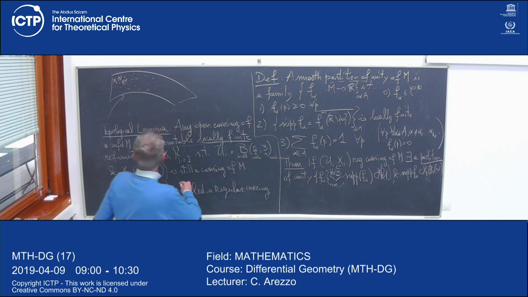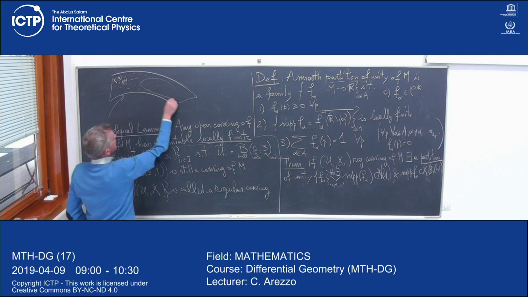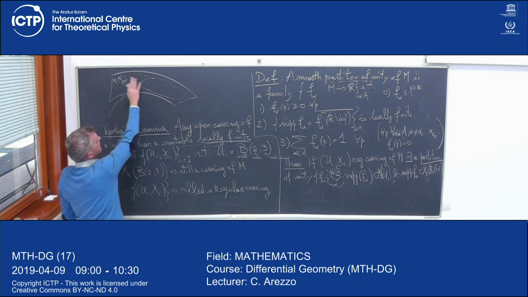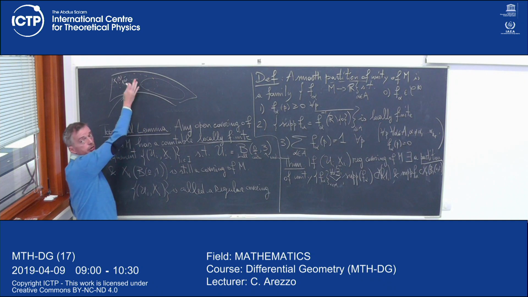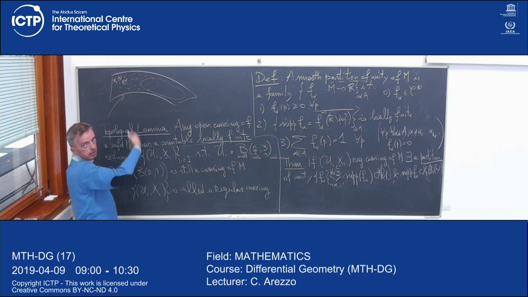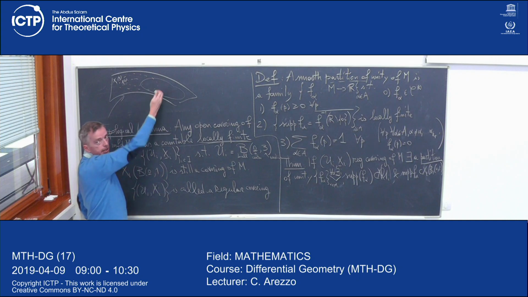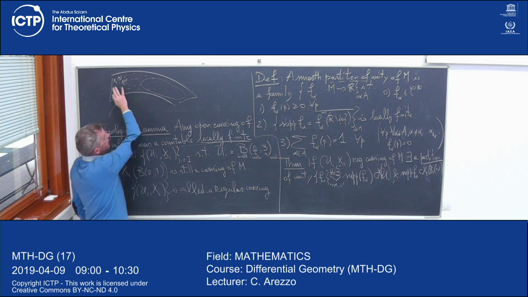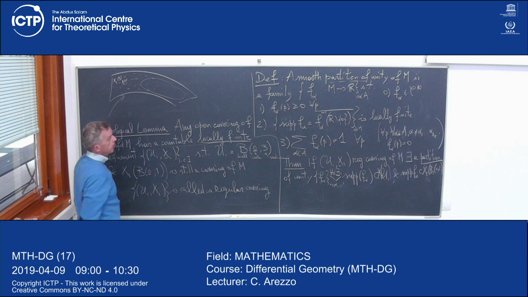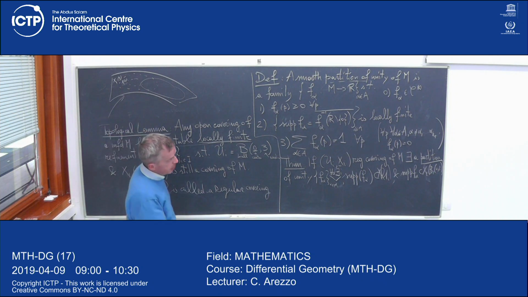So suppose that you have two charts intersecting. Here this part is indistinguishable from Rn because there is the map X, and here this is indistinguishable from Rn because there is a map Y. But the union of the two, everything I construct here is hard to pass to the other one. Okay? So that's where the partition of unity comes in.